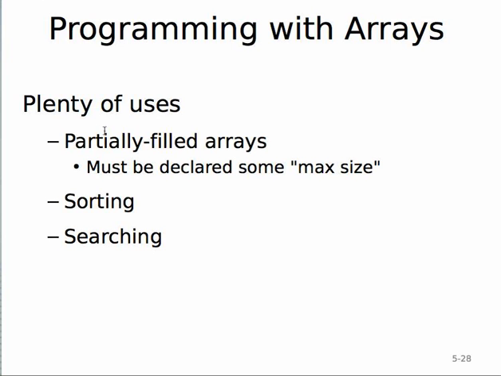Those kinds of things are called partially filled arrays. So you might not have all of the elements of the array have valid data. The actual locations that are used might change as you call functions. So when you do that, you have to keep track, as we had to do in Java as well.